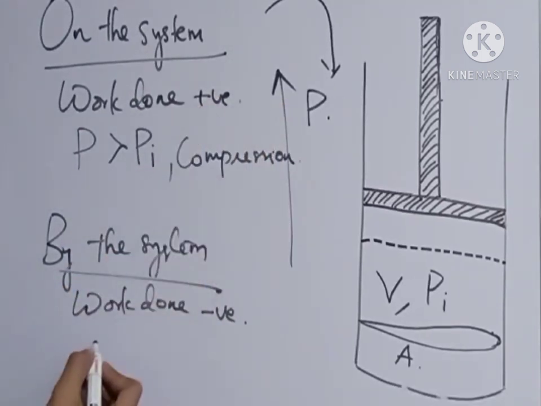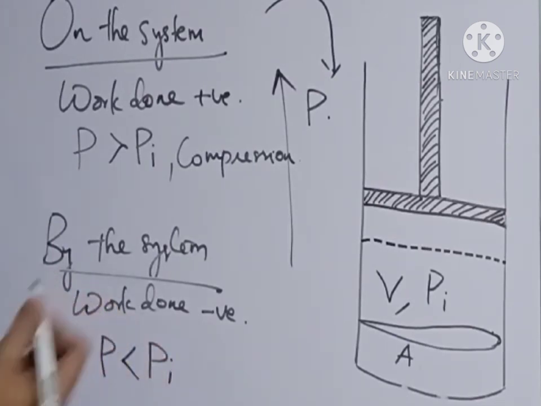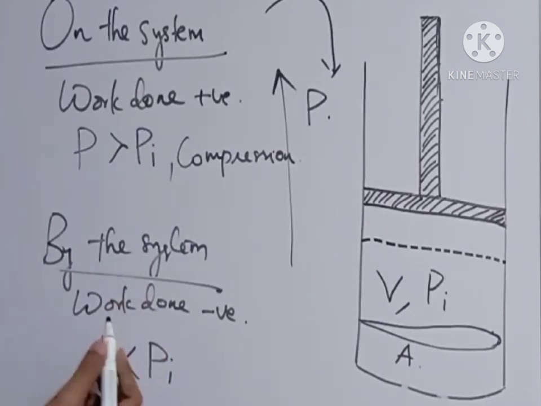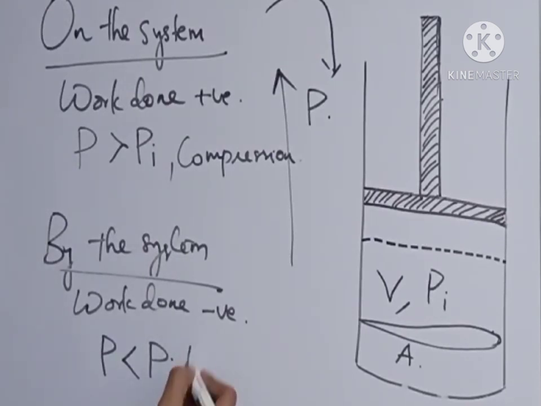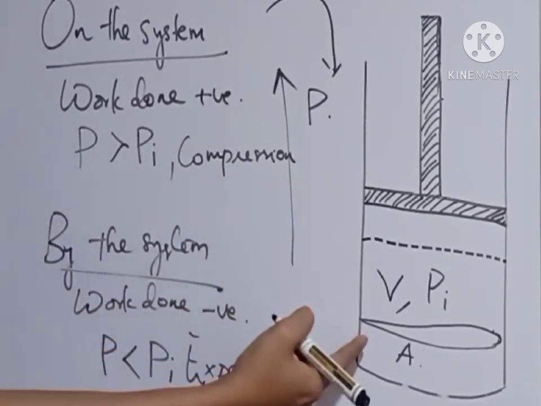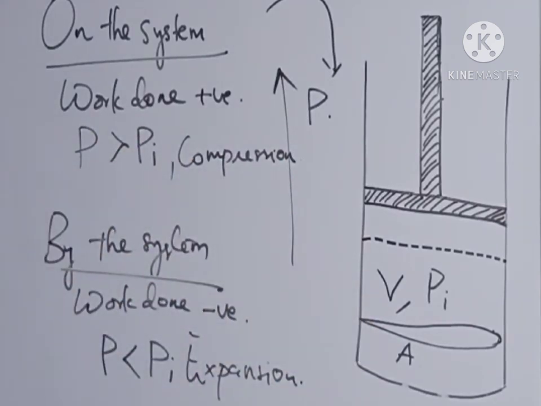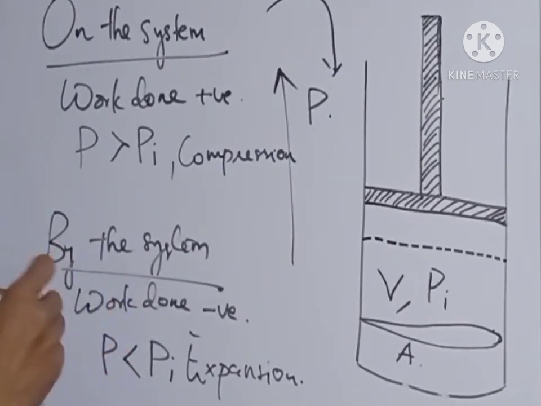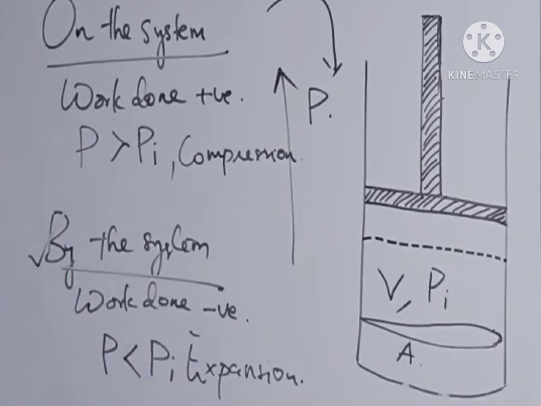Or if the external pressure P is less than the internal pressure Pi, then the work is done by the system, or we can say it is expansion. Here the process is expansion of the gas inside the cylinder. So we are going to consider work done by the system, or the expansion of the gas, that is P is less than Pi.